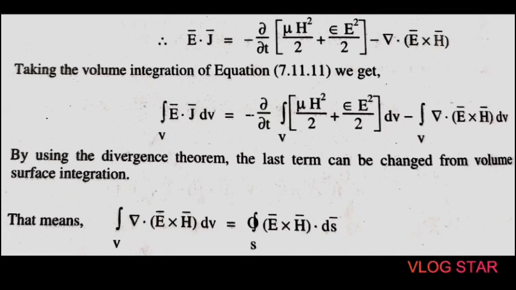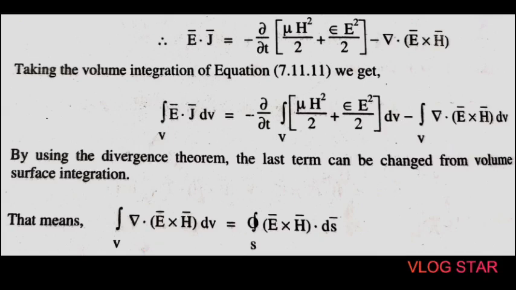But according to the divergence theorem, the last term can be changed from volume to surface integration, that is integration over closed volume V of del into E bar cross H bar dV is equal to integration over the closed surface of E bar cross H bar into dS bar.